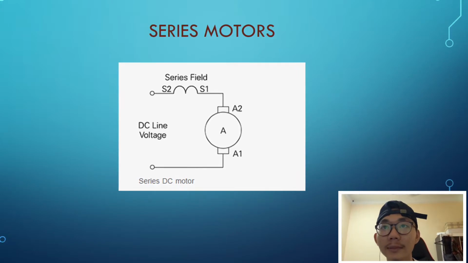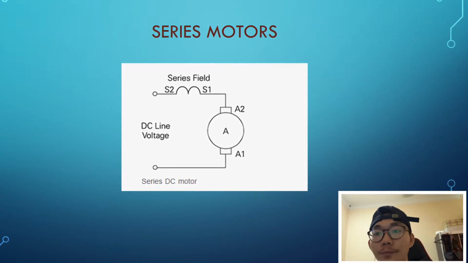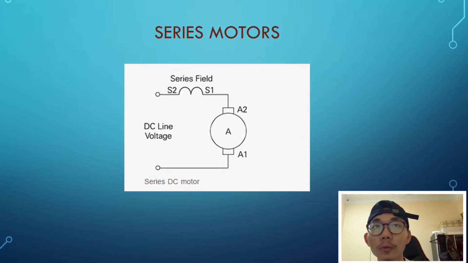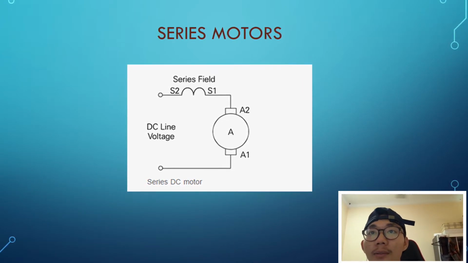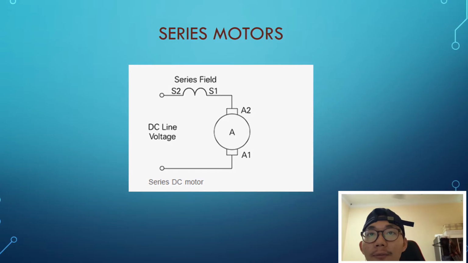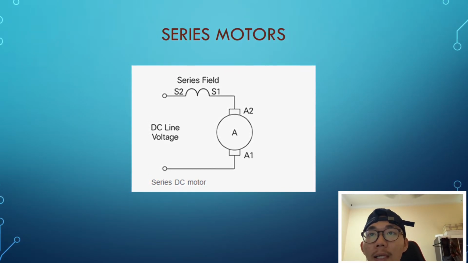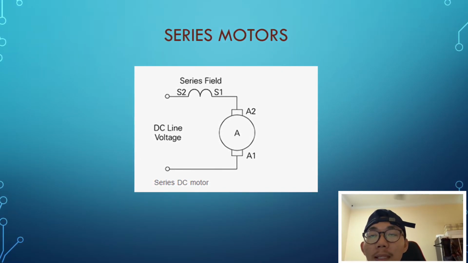Okay, next I will present about series motor. In a series DC motor, the field is connected in series with the armature. The field is wound with a few turns of large wire because it carries the full armature current.